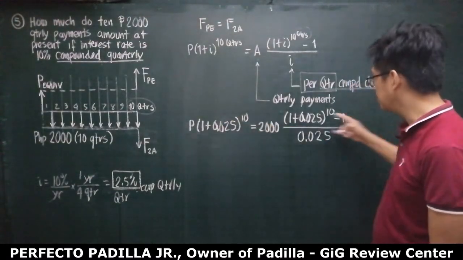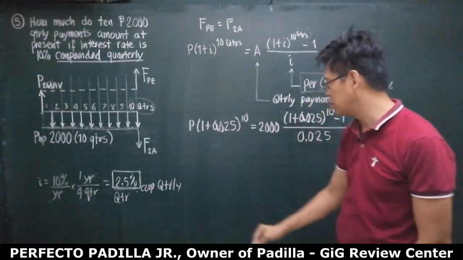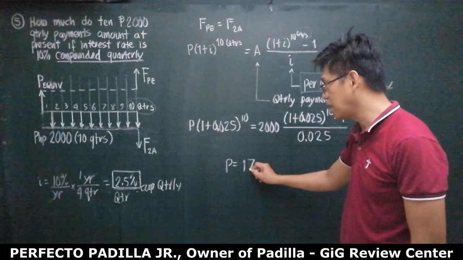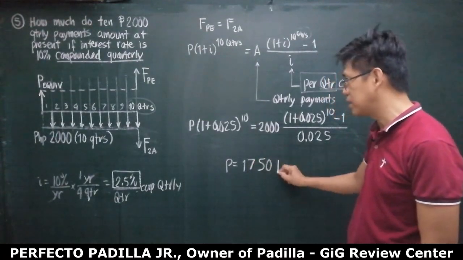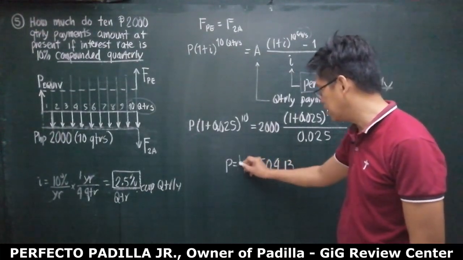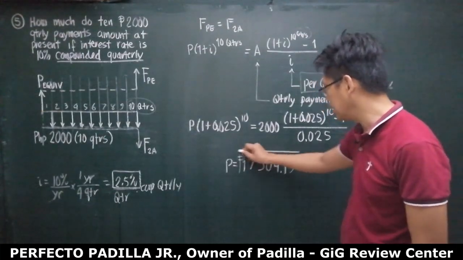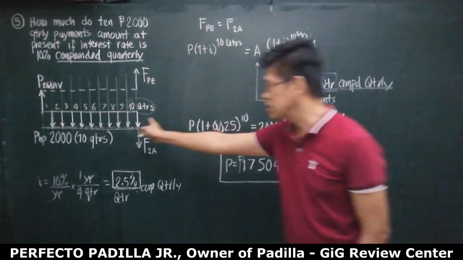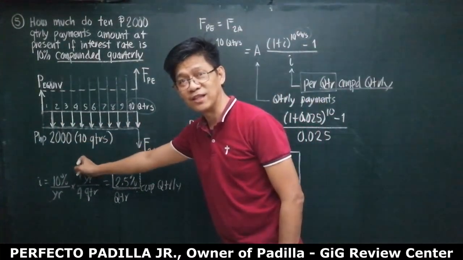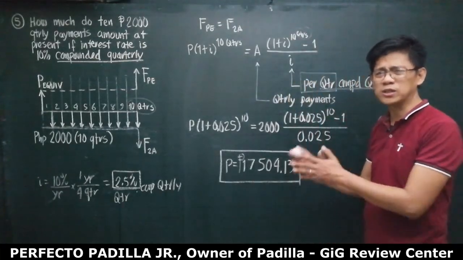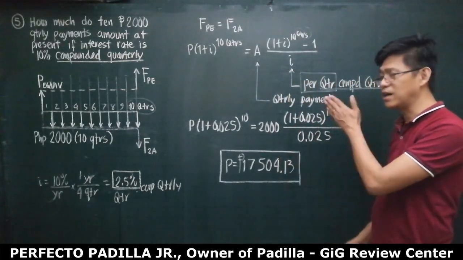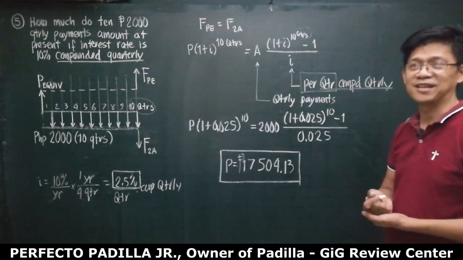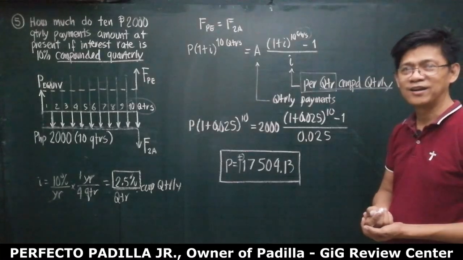You calculate this; it is one equation in terms of P. You will get P, and this is 17,504.13 pesos. This is the present equivalent of the 2,000 for 10 quarters. Just use the theory of equivalence, and you need to know the principles of interest rate and interest conversion.